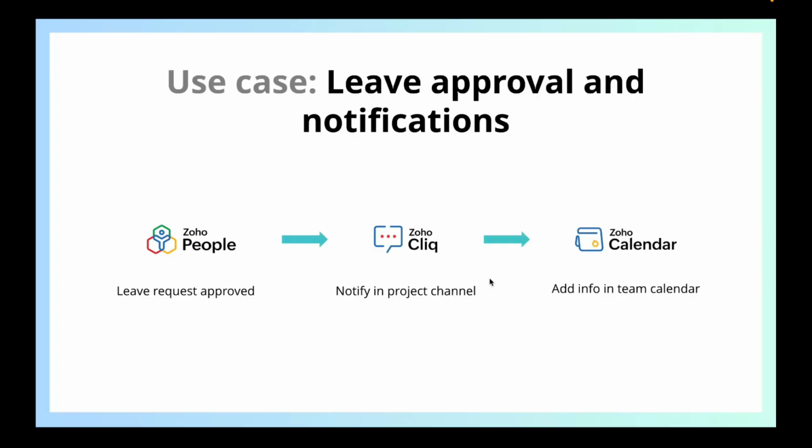So this is especially the case if you have teams working on a specific project and they have very tight deadlines. So in those cases, you would want everyone in the team to be notified of a particular employee's absence. And you would also want the info to be added in the calendar for everyone to see it later on. Now, the actions that we use here would be send message in channel, and this would be create event.